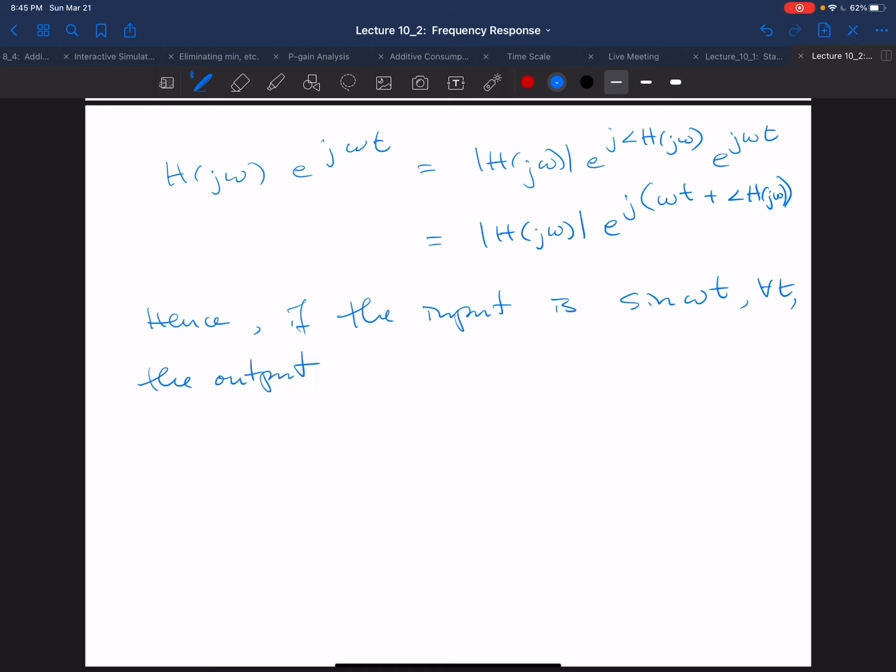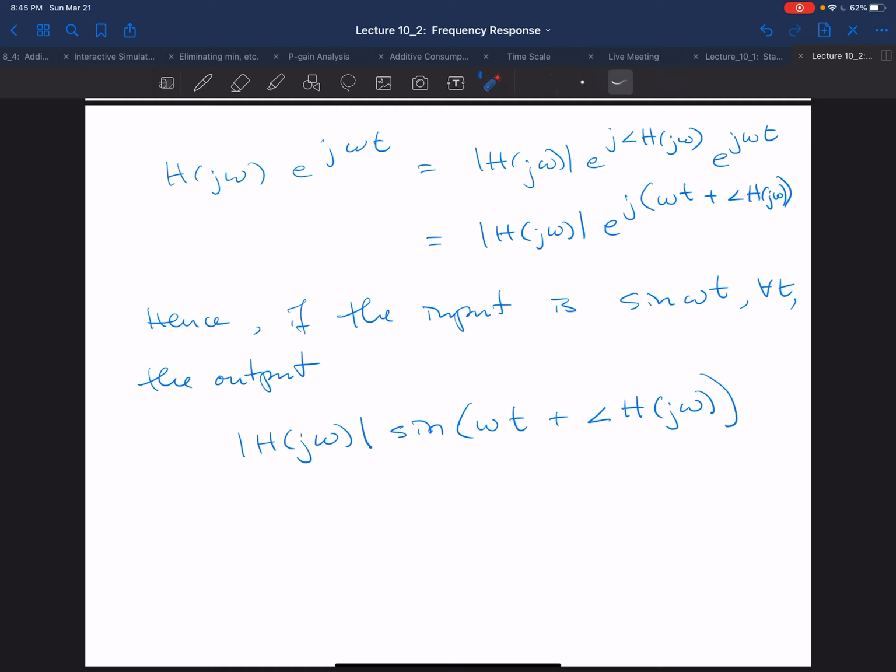In that case, the output will be the sinusoid, sine ωt, multiplied by the modulus of H(jω), and with a phase shift equal to the angle of H(jω).